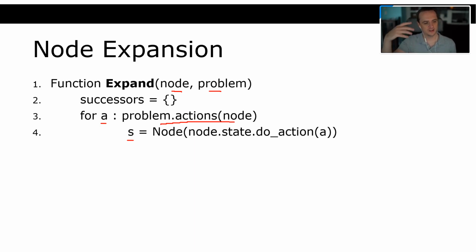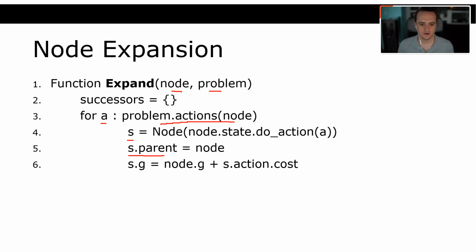So this just says, for this node, take the state of this node, do all of the possible actions, and generate the resulting state. We're going to set the parent of S to the node, and then we're going to say the G cost, which is the path cost so far, is equal to the G cost of the node plus the action cost. All right, and we'll be doing examples of this, so don't worry.